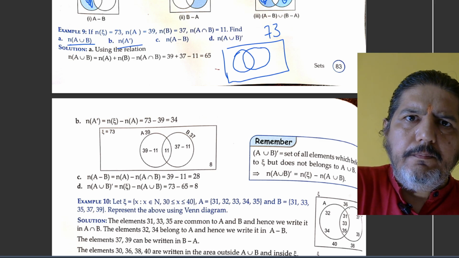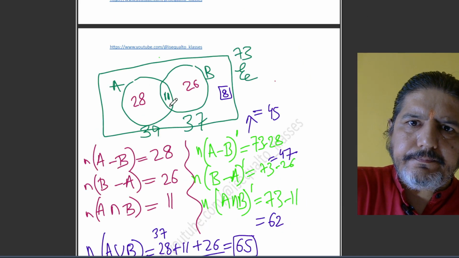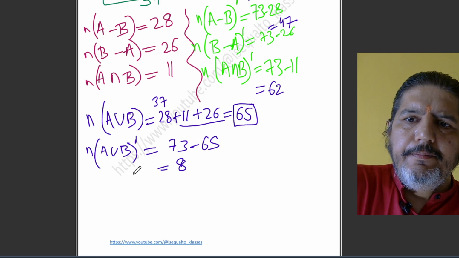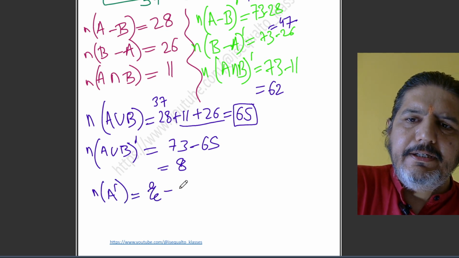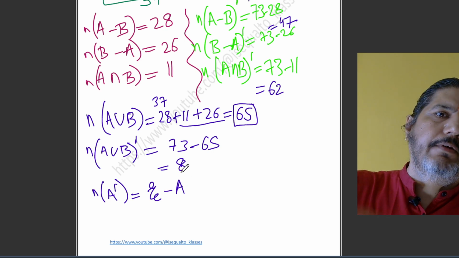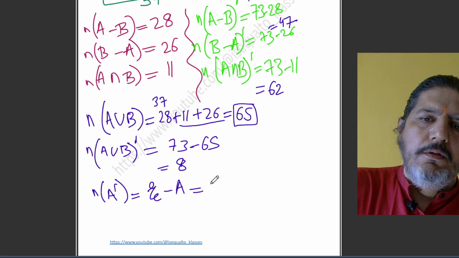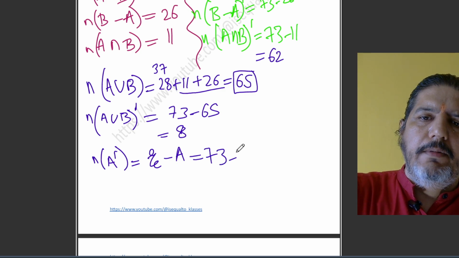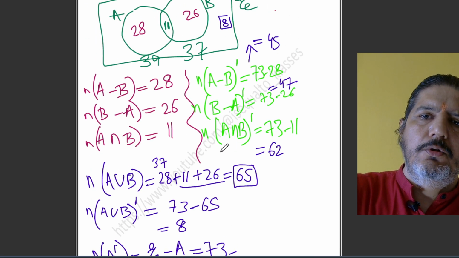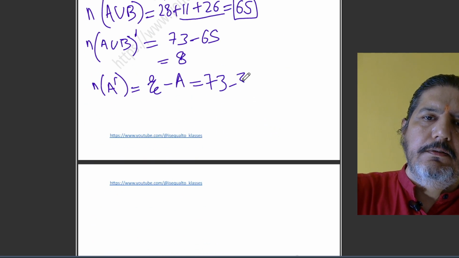So n of A complement would be the universal set minus whatever number is there in A. So if universal is 73 minus whatever is there in A, A was 39.